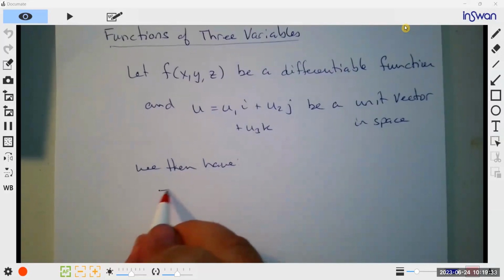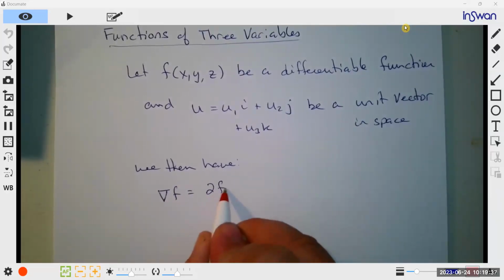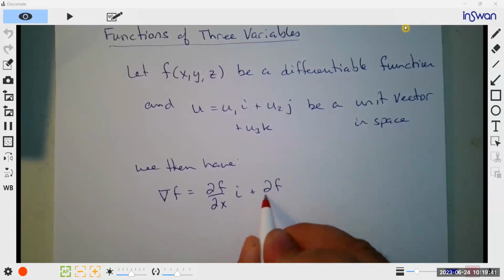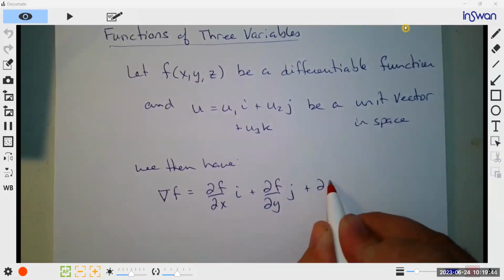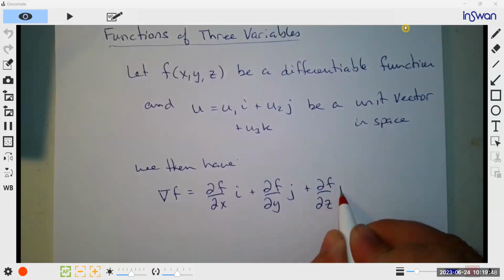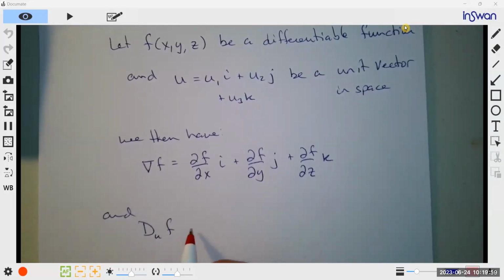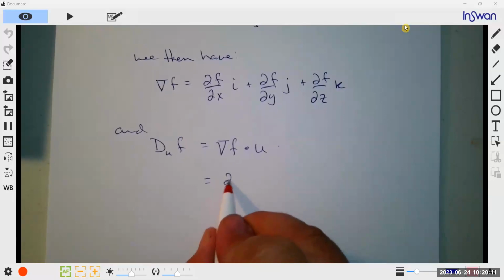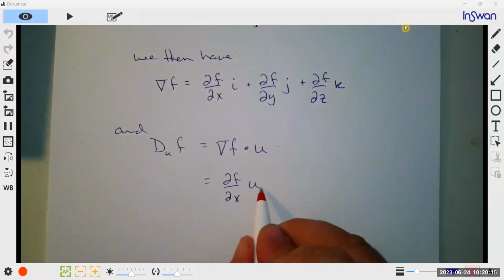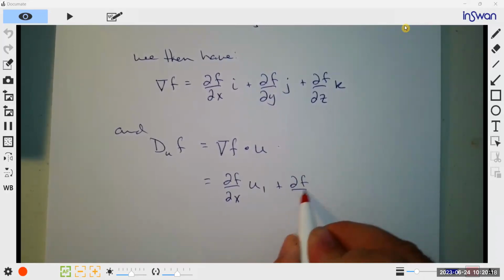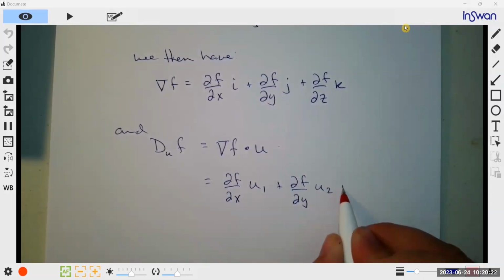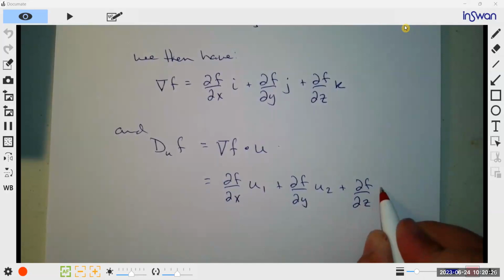We then have del f is the partial of f with respect to x i, partial of f with respect to y j, partial of f with respect to z k. And the directional derivative of f is equal to del f dot u, which is equal to partial of f partial of x times u1 plus partial of f partial of y u2 plus partial of f partial of z u3.